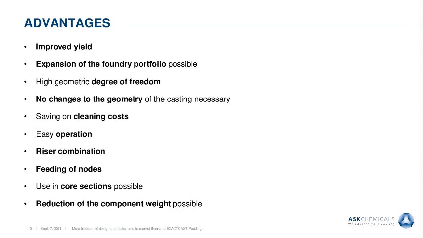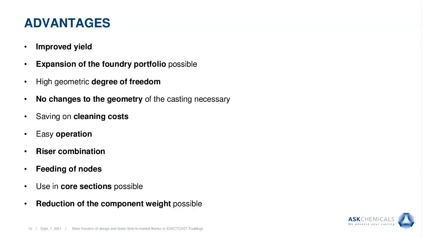So you have a high degree of freedom in the geometric way you design it, because it's more or less the same degree of freedom you have with a core box or a core itself. It's easy to operate, and you can use it in core sections as well as on the molding side.